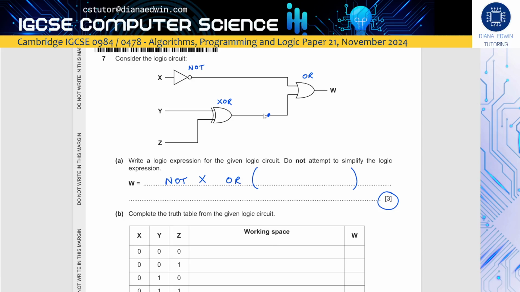Let's describe what's happening at this point here: I have Y XOR Z. So you can work backwards like that, or you can work from top to bottom. It should fall out pretty nicely to show you what's going on.